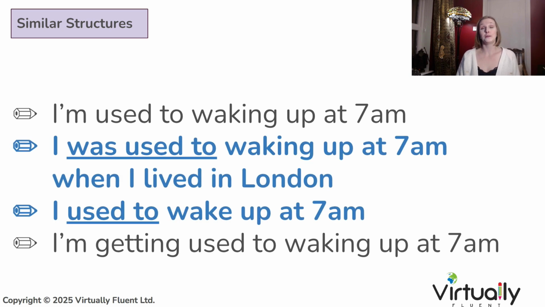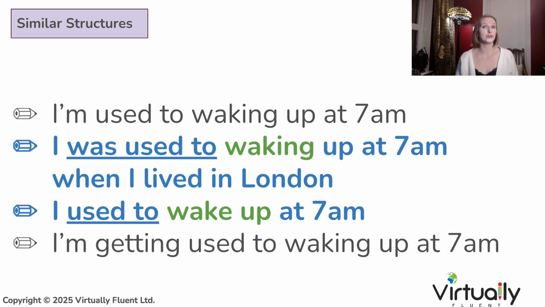The two in particular that most students get mixed up with is the was, were, used to, that's the past form, and just used to. And this is because they both talk about a particular point of time in the past. First, it's really important to note that the grammatical structure is different.